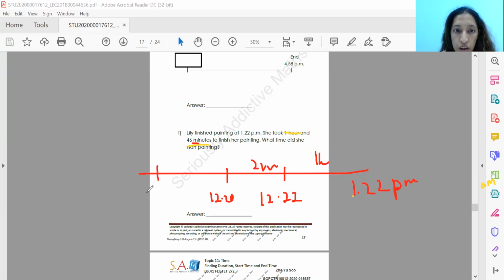Then 40 minutes before 12:20: 15, 10, 05, 12, so 11:55, 11:50.